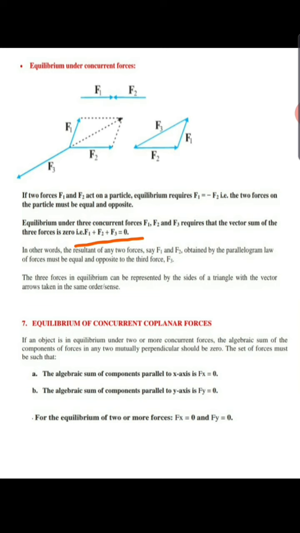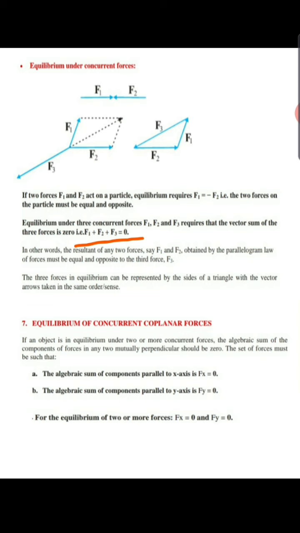Now, in the case of concurrent coplanar forces, that means the forces are acting in the same plane, each force can be resolved into two components, x and y. If an object is in equilibrium under two or more concurrent forces, the algebraic sum of components of forces in any two mutually perpendicular directions should be 0.